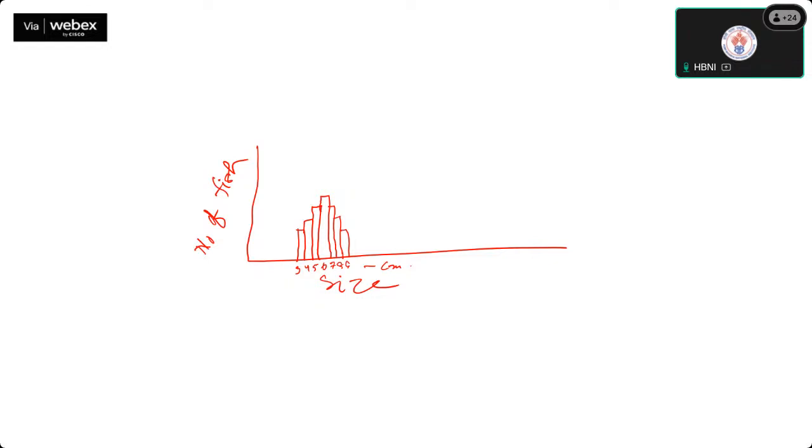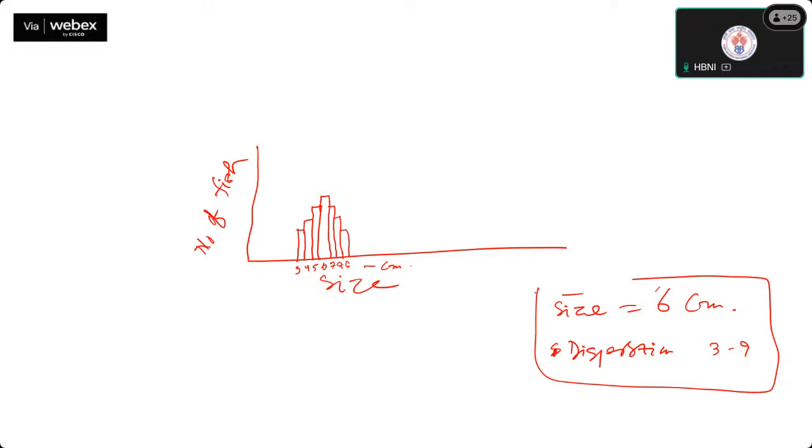Or if you say the average size is 6 centimeters, and then you say it has a spread or dispersion from 3 to 9, I think this will give a better meaning, because you are telling an average size.